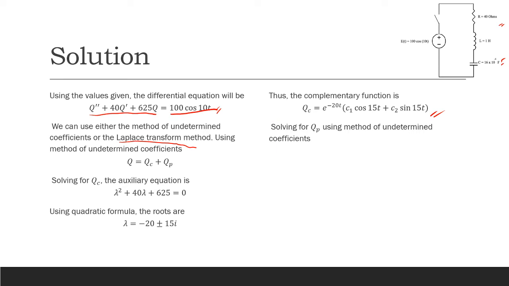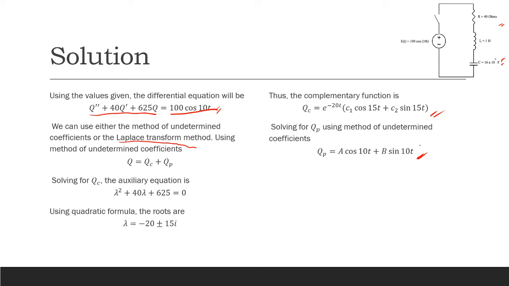So if we look at our table ng mga probable qP, ang ideal na qP kapag meron tayong cosine ay ito, A cosine 10t plus B sine 10t. So ito yung gagamitin natin na qP. And then we will now find the values of A and B.